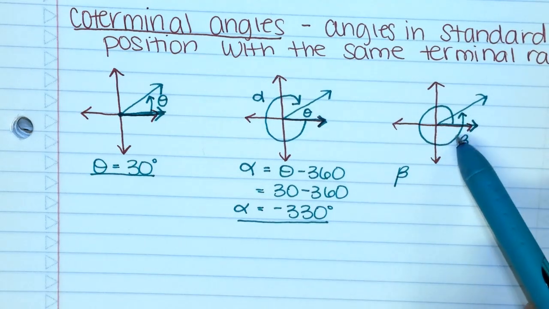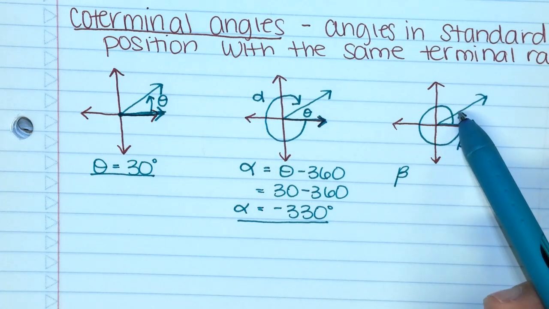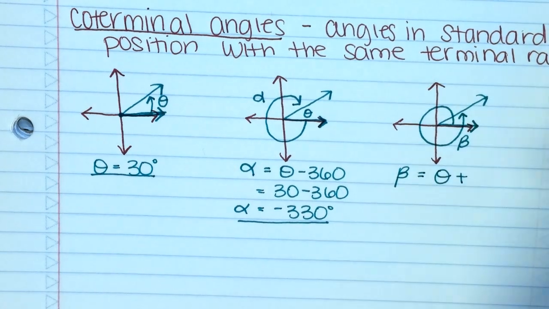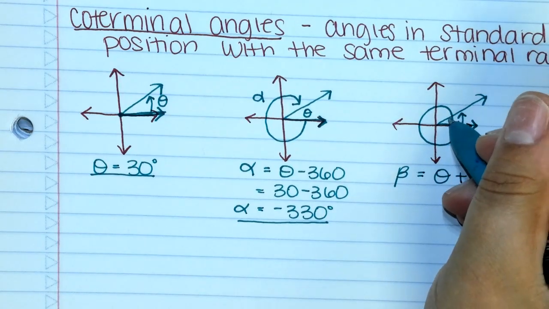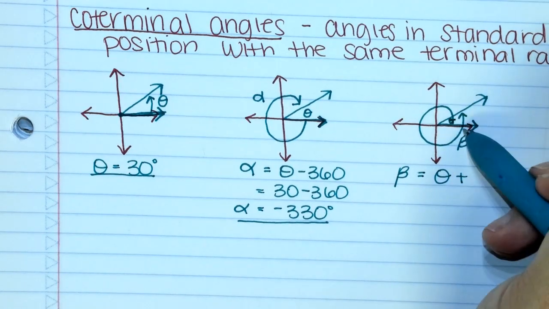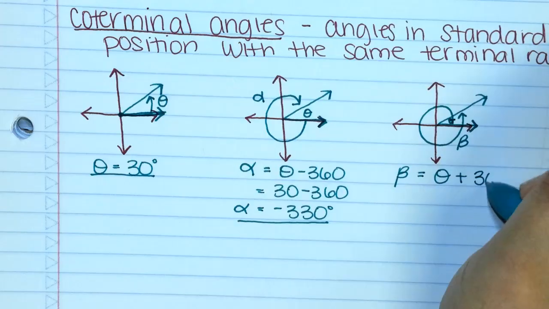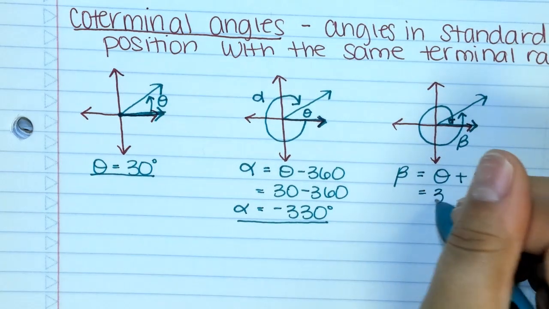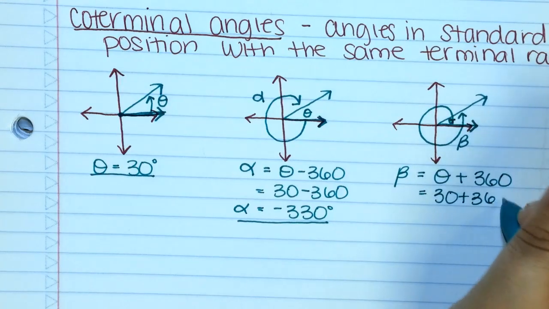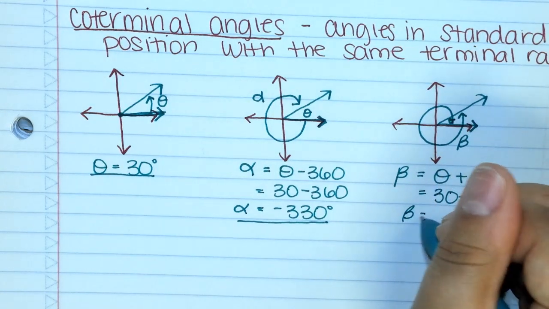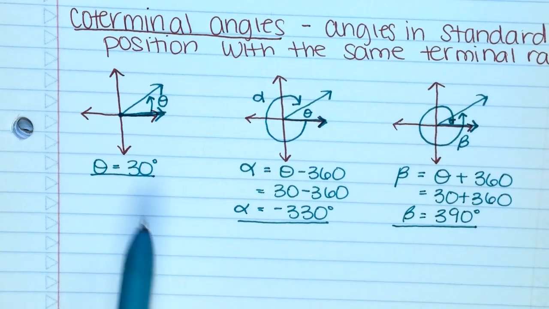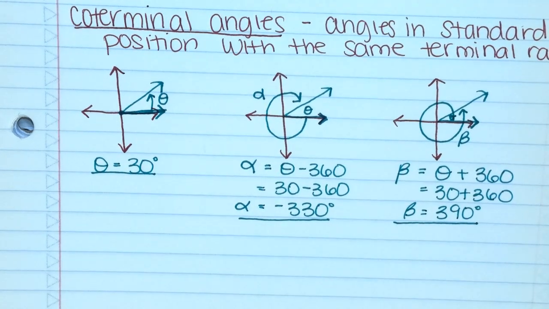I went all the way around. 390. Why 390 degrees? Because do y'all agree this is still theta right here? But I did a full circle in that, so it's 360 plus theta, which is 30 plus 360, which is 390 degrees.